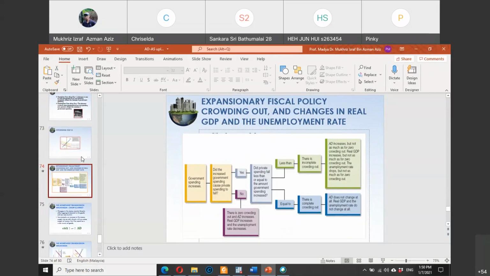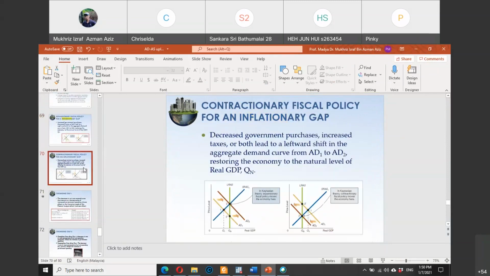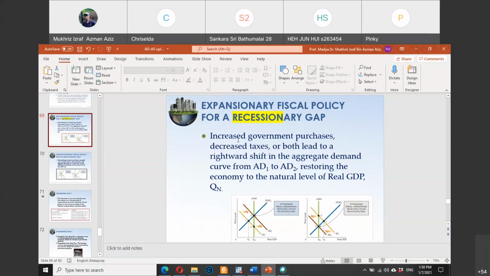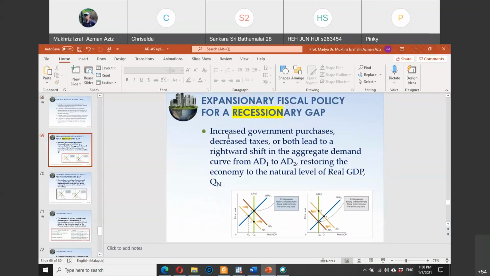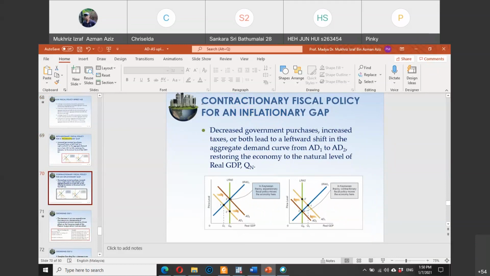But the focus, I want you to at least understand this concept of expansionary policy, to increase economic growth when the country is in a recession, for example now, during COVID-19. But the government can also employ contractionary policy in order to reduce inflation, because the price level goes up and people have to pay more, so that is not good for the country.